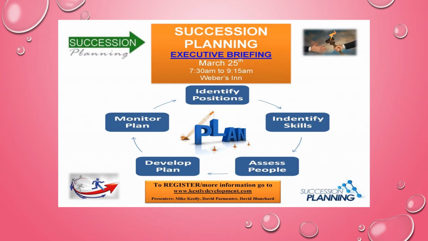Then you develop a plan that will bridge the gap between the skill level that an employee already has versus the skill level that they need to have in order to become a successor. And then we want to monitor this plan. We want to monitor and make changes as necessary.